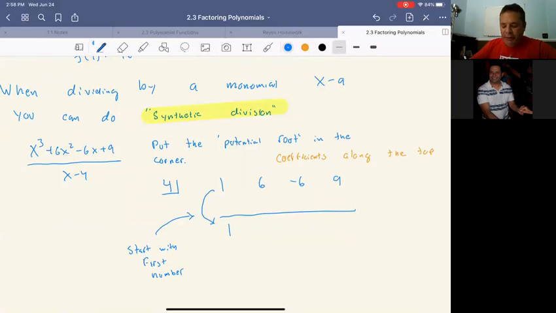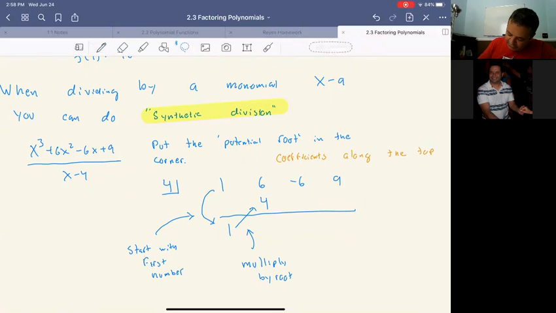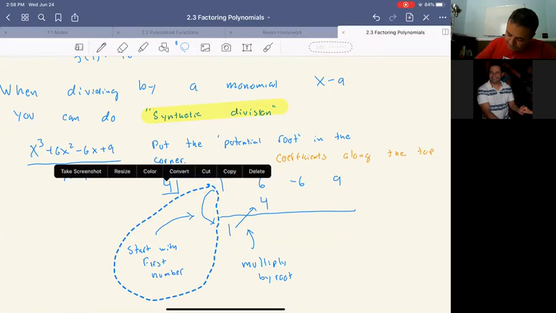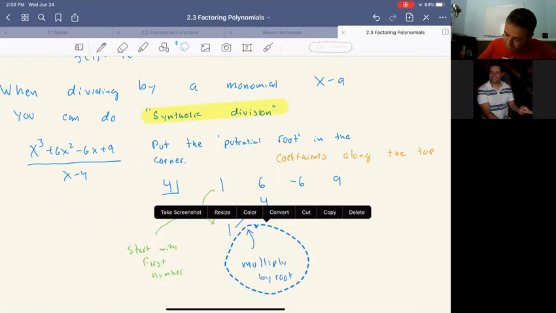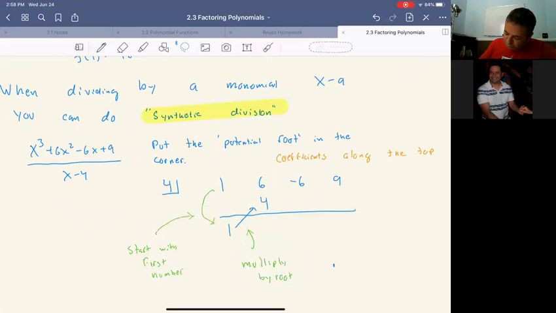Now we're going to multiply by the root. Let's change the color on these arrows and everything. Now 6 and 4 is going to give us 10.